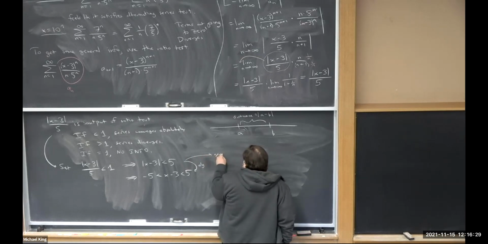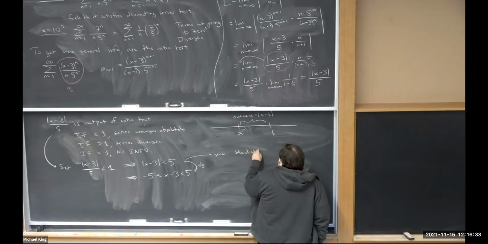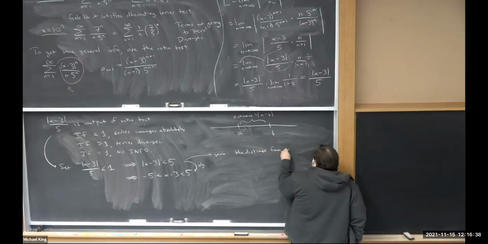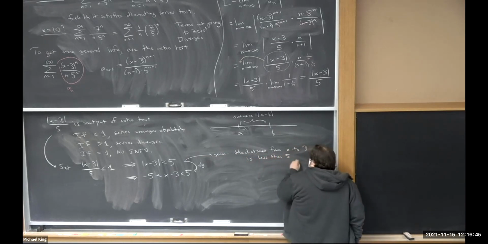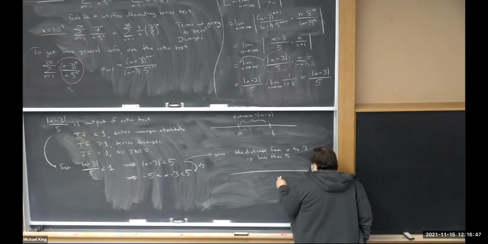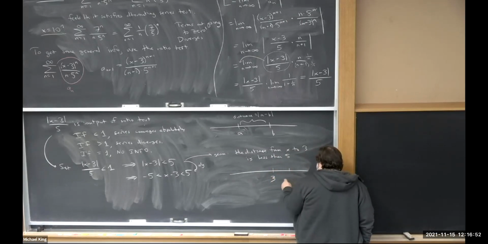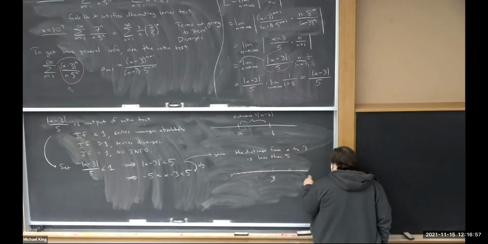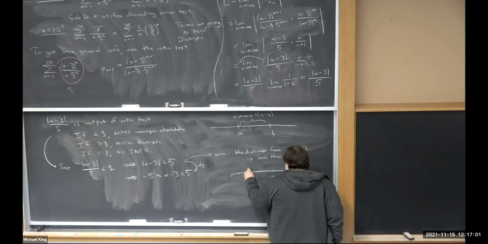So you can do this algebra way, or there's a geometry way of saying the distance from x to 3 is less than 5. And so if you draw that, here's 3. If I have an x here, x could be anything, right? So the distance is less than 5. So that means I can go all the way over to 8, or I can go this way to what?